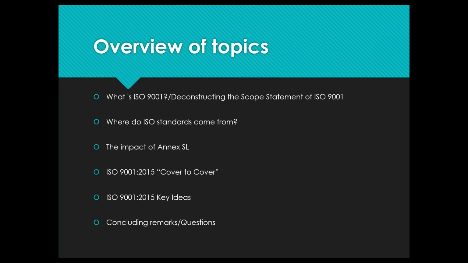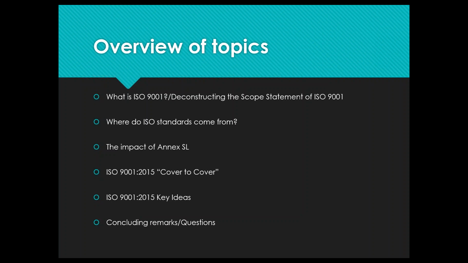Our topics for today, we're going to explore what ISO 9001 is, and we're going to facilitate our understanding of it by deconstructing the scope statement that appears early in the standard. We're going to talk a little bit about where the ISO standards come from. We're going to have an exploration of a critical document called Annex SL.